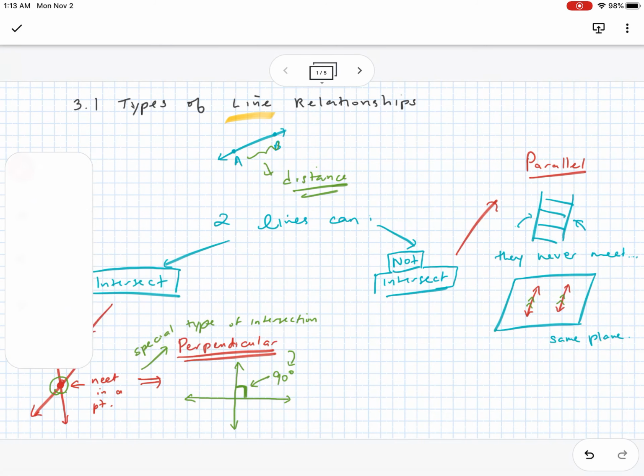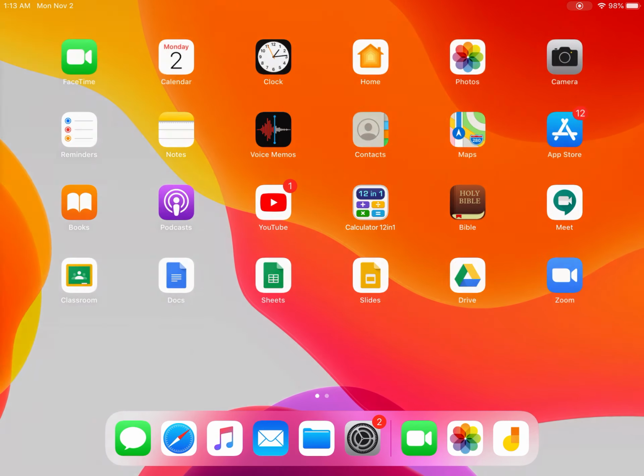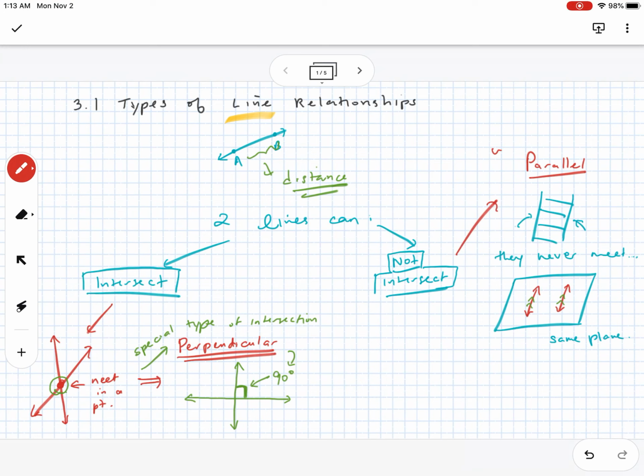Okay, and so that's the one that we're going to use the most. But the second type of non-intersecting relationship that two lines can have is called skew.